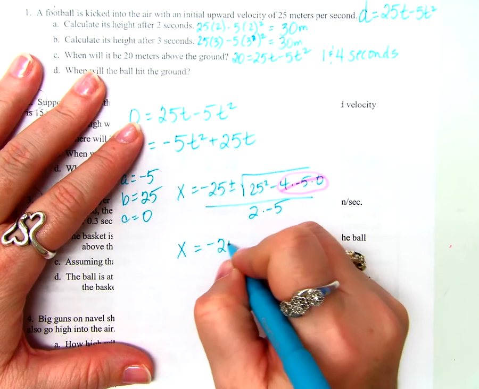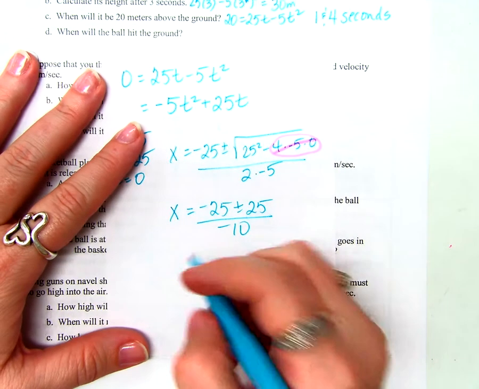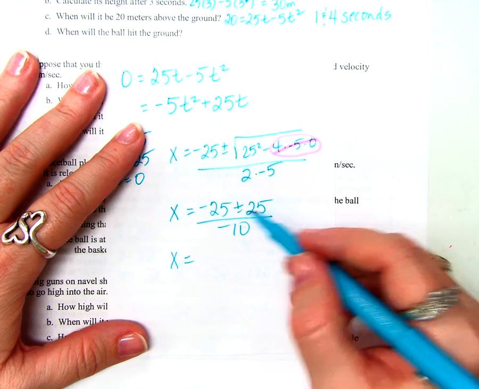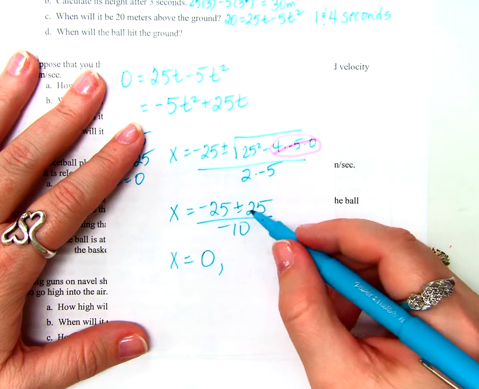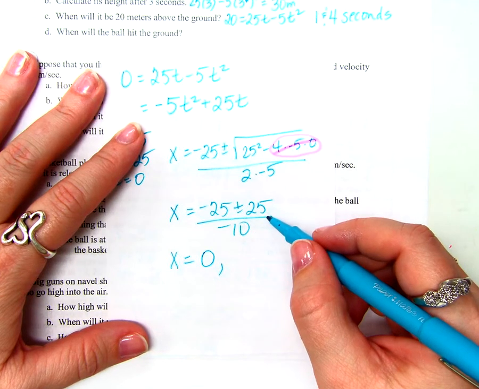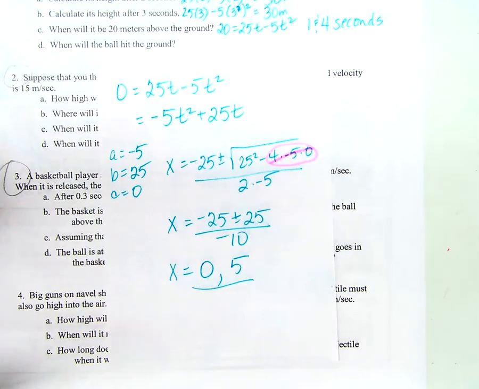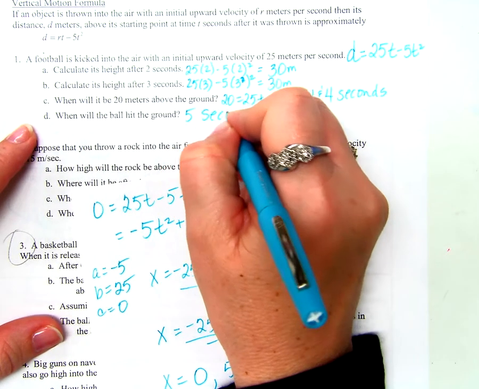X equals negative 25 plus or minus 25 over negative 10. What is negative 25 plus 25? 0 divided by negative 10? 0. Negative 25 minus 25? Negative 50 divided by negative 10? 5. Which one answers my question? When will the ball hit the ground? The ball started at 0. It's going to hit the ground at 5 seconds.